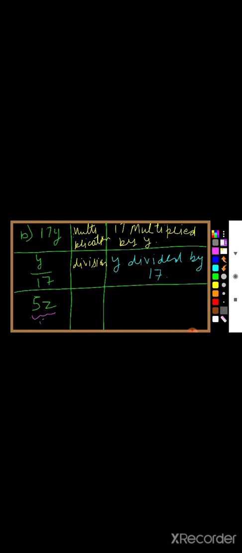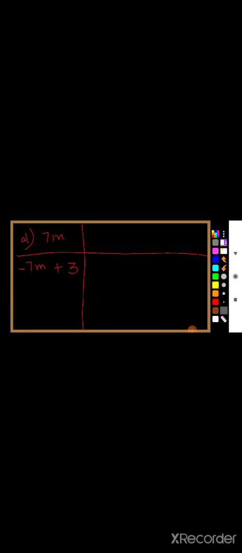In the previous exercises we have seen that 5 into z will be written as 5z. So here again the operation used is multiplication, and it is formed as 5 multiplied by z. So this was all about the B part of this question, right?